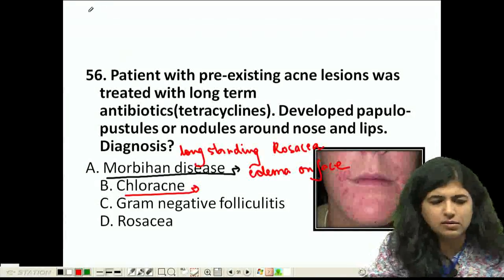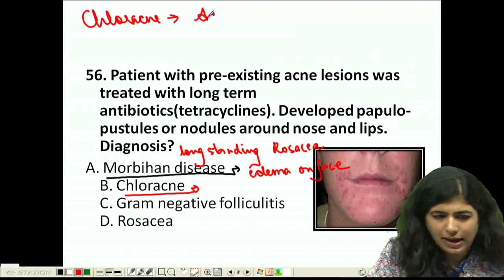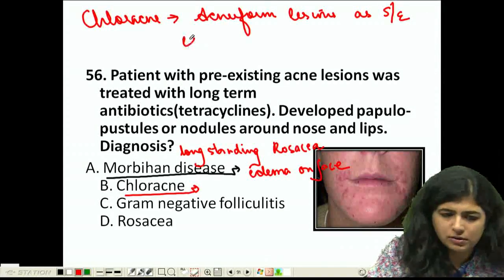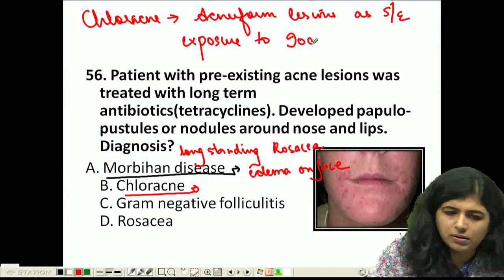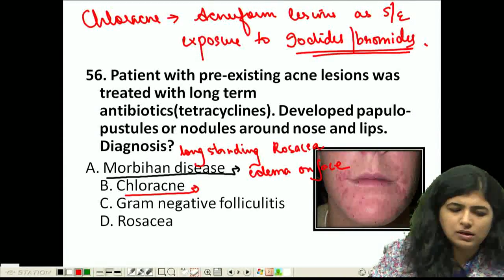Chloracne is acneiform lesions as a side effect of exposure to iodides and bromides, seen in factory workers who are exposed to these fumes.